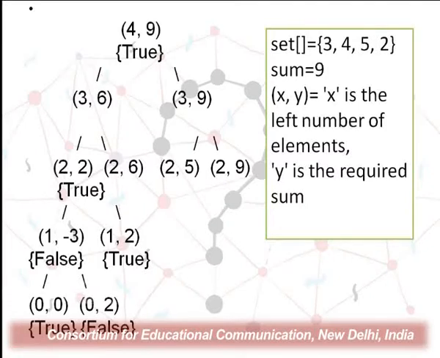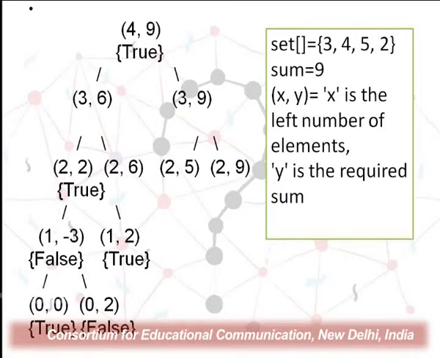In both the cases, the items left under consideration will be 3. Now if we consider that item, let us say the first item which has value 3, we say 9 minus 3, which is 6. If we take that first element out of our sum of 9, we have achieved a sum of 3.